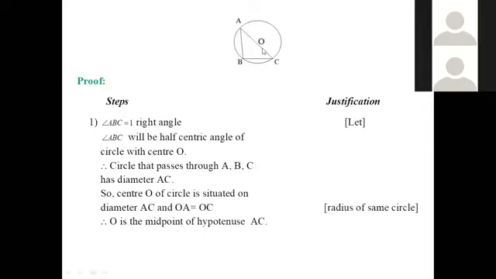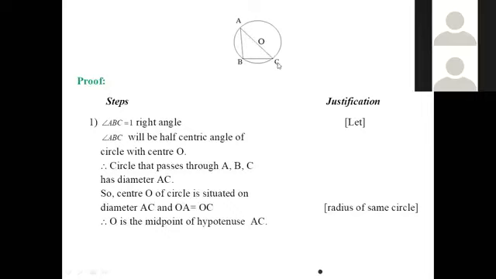So the center O of the circle is situated on the diameter AC, and OA is equal to OC because they are radii of the same circle. If AC is the diameter of this circle, then OA and OC must be the radius of this circle.